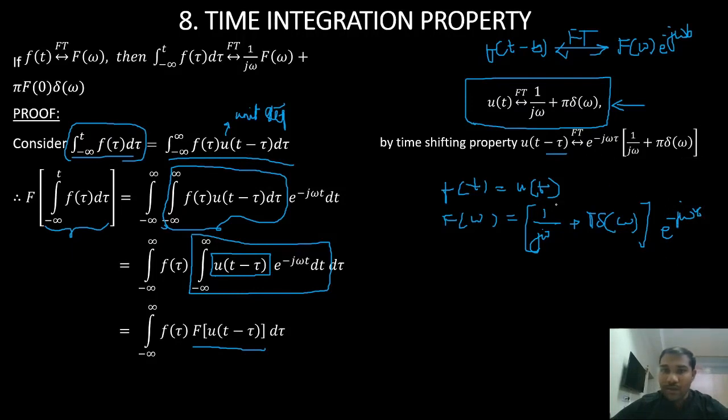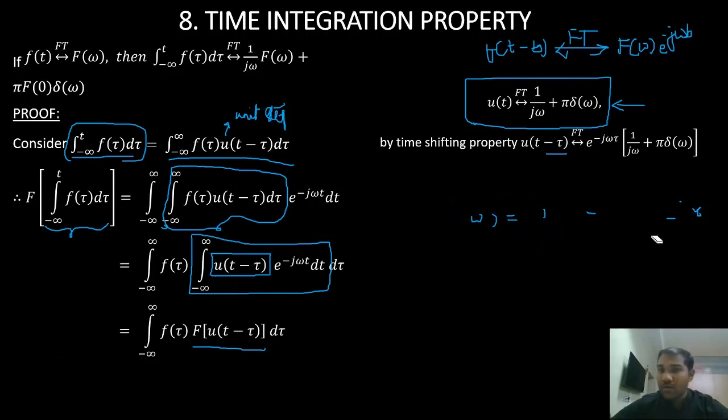The same thing, right? Let me just erase this area and we'll look at the rest of the proof. So for u of t minus tau, the Fourier transform is e power minus j omega tau into 1 by j omega plus delta of omega into pi.